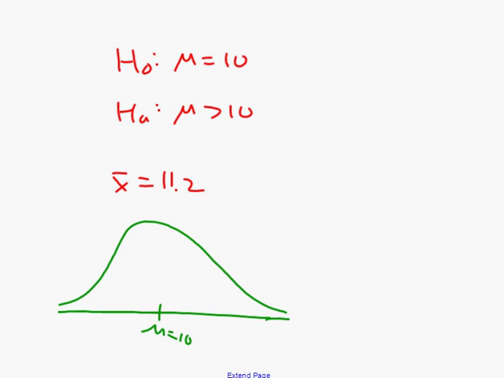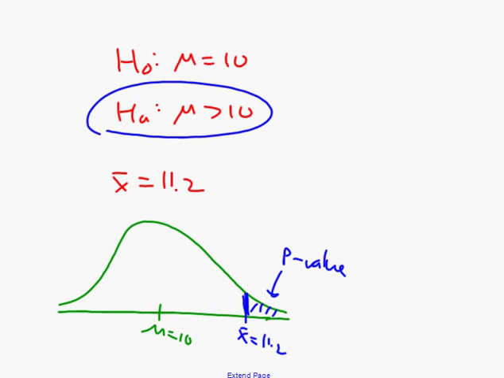We'd mark off our x bar of 11.2, and we would shade above that. Again, the area that is as extreme or more extreme than where our x bar takes place is the p-value. Again, this is another one-sided test because your alternative hypothesis is that mu might be greater than 10.